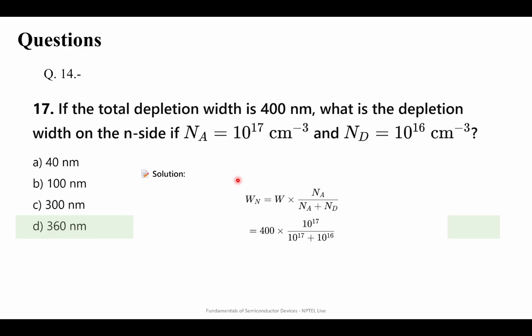We know that Na Wp equals Nd Wn, and we also know that Wp plus Wn equals W. By substituting, we get Wn equals W into Na upon Na plus Nd. W is 400, Na is 10 to the power 17, Nd is 10 to the power 16. You put them here, this will come out to be 1 divided by 1.1. So 400 divided by 1.1 is approximately 360 nanometer.